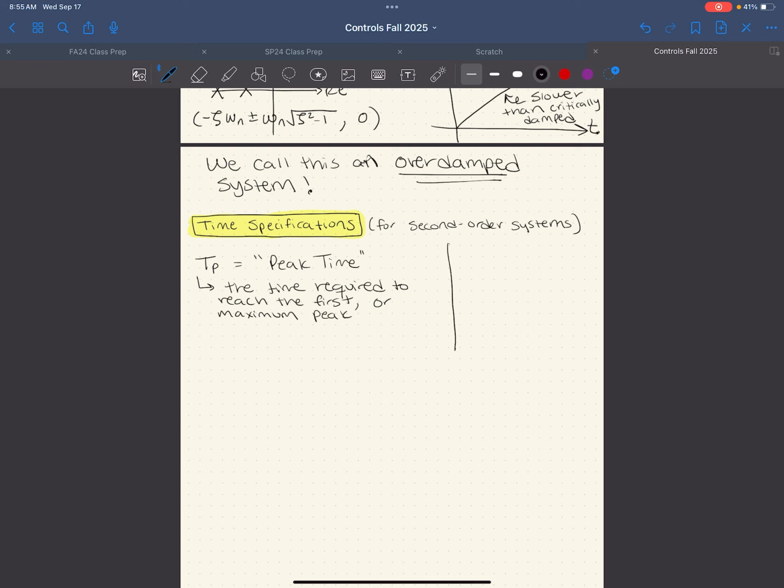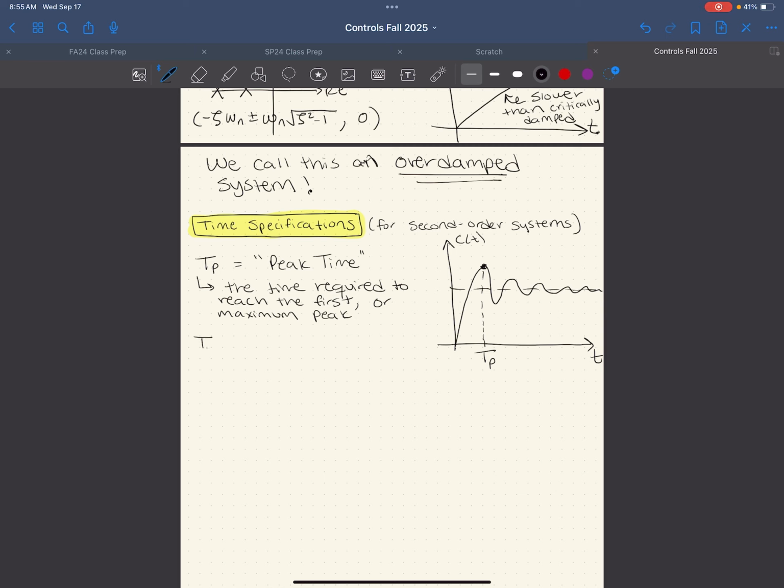So if we draw out our time response of an underdamped system, oops, that was supposed to be a T. We know that it looks something like this. We start out with a big oscillation that gets attenuated over time. That peak time is wherever this largest peak occurs, and that's in seconds.